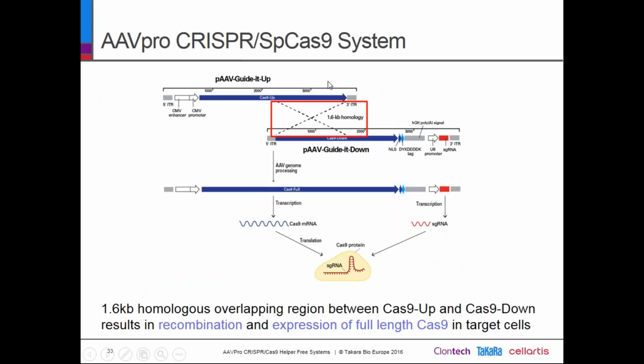In the target cells there will be homologous recombination thanks to this overlap, and this will create full-length Cas9, together with your guide RNA, and all of this will be expressed in your target cells. So you just produce two separate AAV particles, the up and the down, and the full-length Cas9 will be created in your target cells.